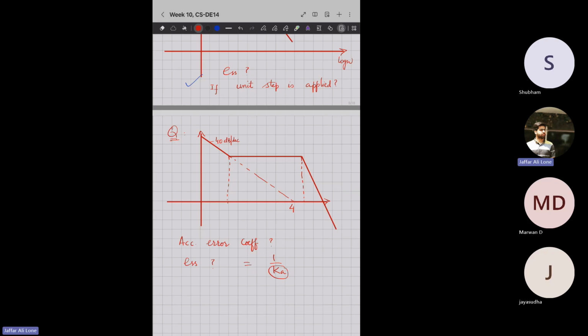You assume the steady state error is finite, which is actually the case, as you can see from the initial magnitude. So find the acceleration error coefficient Ka. How can you find it from this question? This is a very good question.